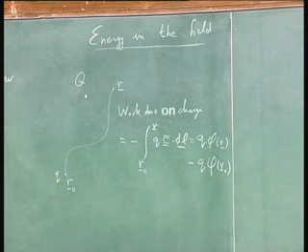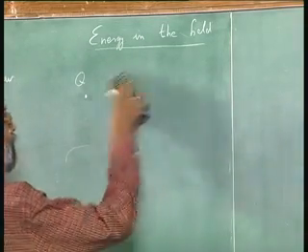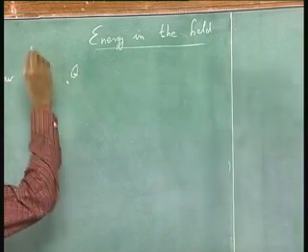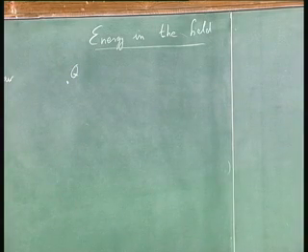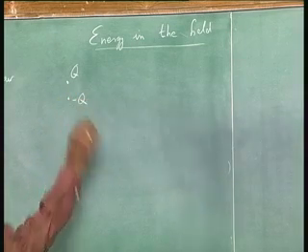Now, the question is, supposing instead of this problem I had a slightly different problem. Supposing I had a charge q and I wanted to bring another charge, say minus q, close to it.